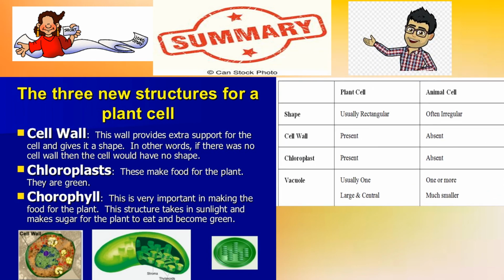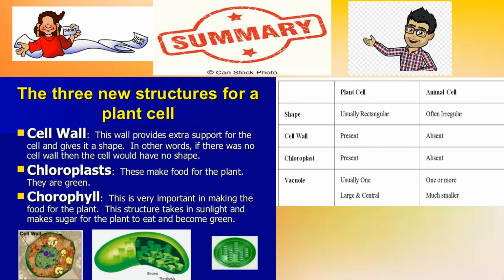Now children, what is this? This is the differences between plant cell and animal cell. When we take the shape, a plant cell has a fixed shape, but an animal cell doesn't have a fixed shape because it doesn't have a cell wall.